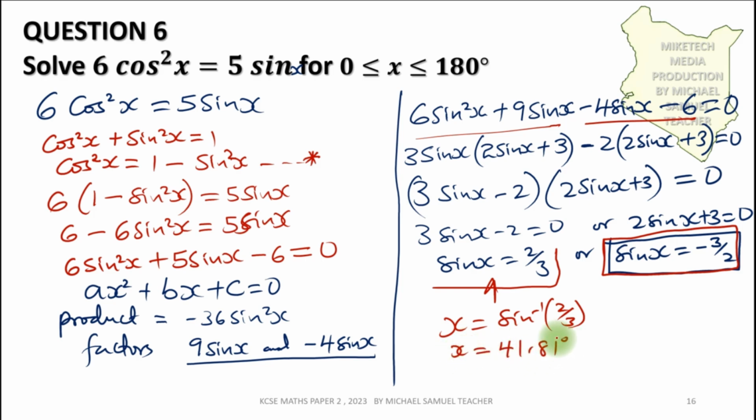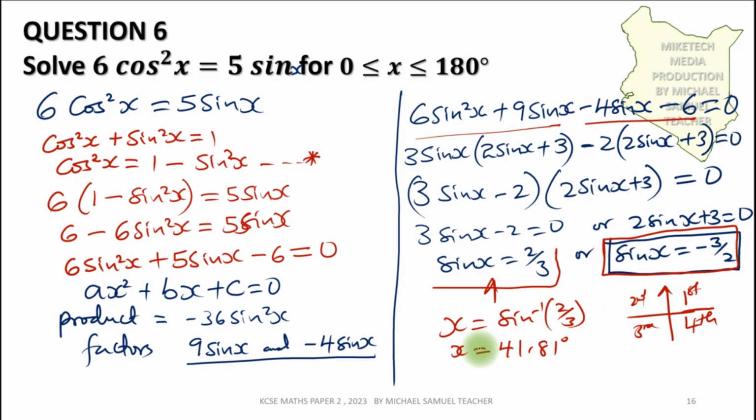41.81 degrees. But have we answered the question? So this is the range, so 0 to 180. So in that case, using the quadrants, we have the first quadrant, second quadrant, third and fourth. So sine is positive in the first and second quadrant.